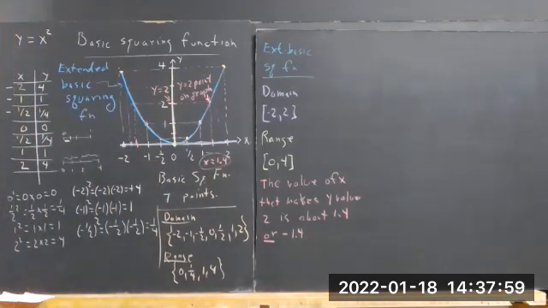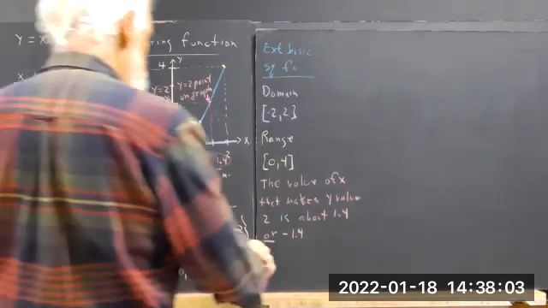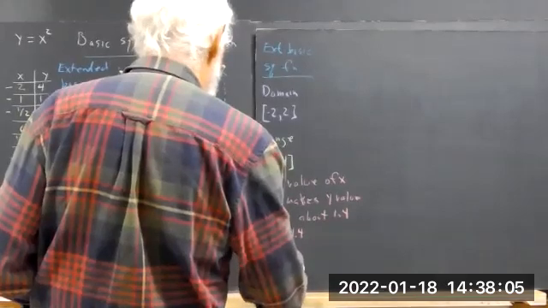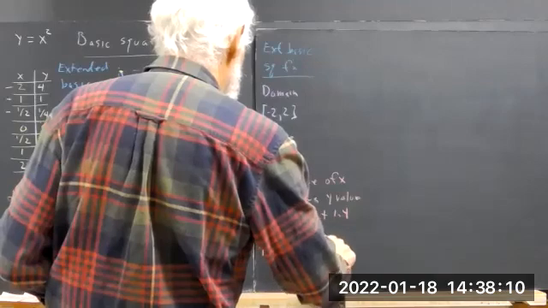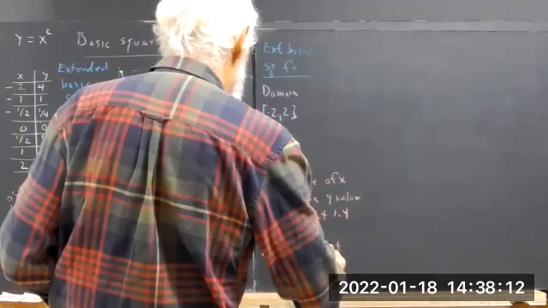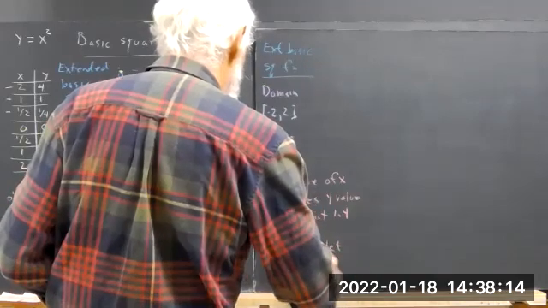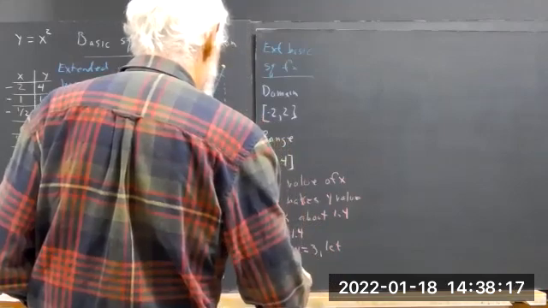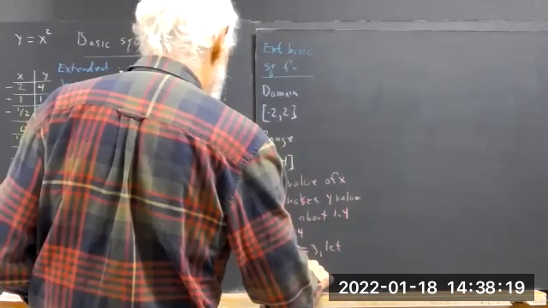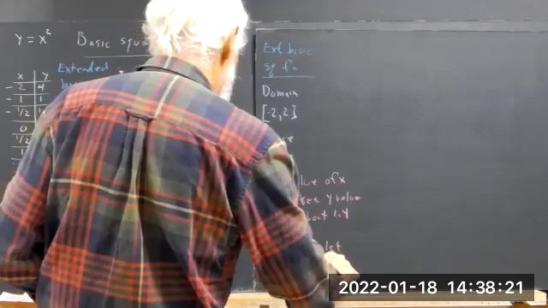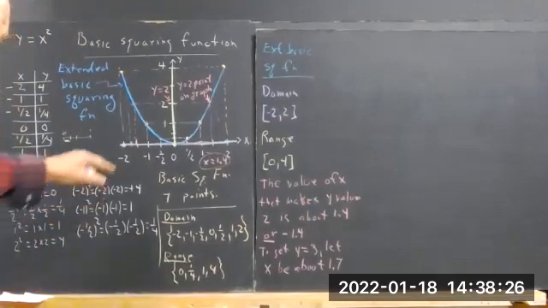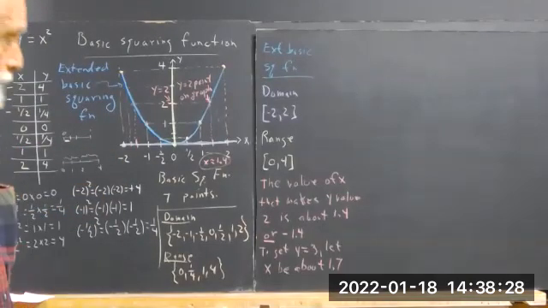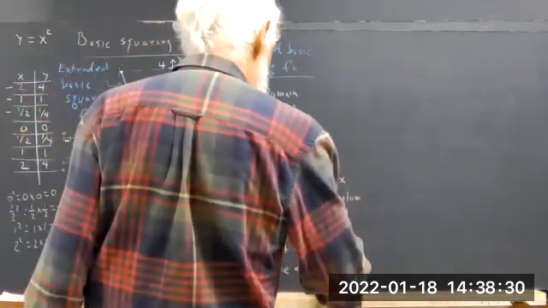And I'll just say to get y equal 3, looks like that would correspond to an x value of about 1.7, and negative 1.7.